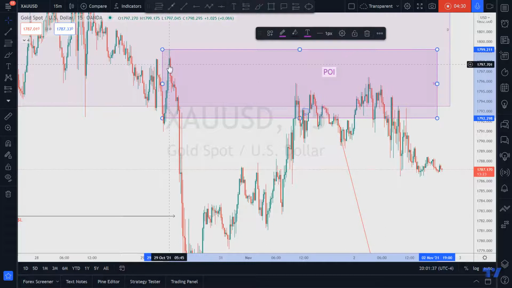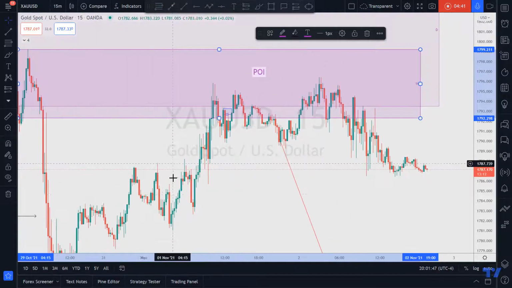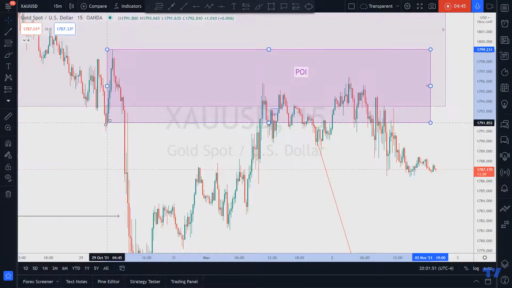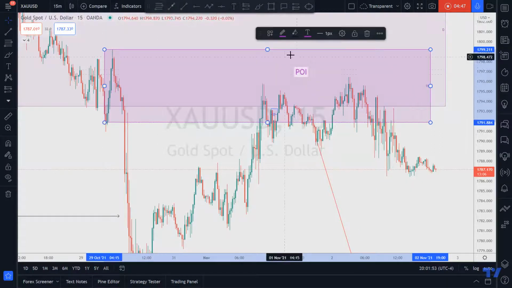The last up move, not the last green candle before the down move. No, the last up move before the down move. That's the way I do it. And when price enters into that order block, it enters my POI. That's when I start looking for transition.